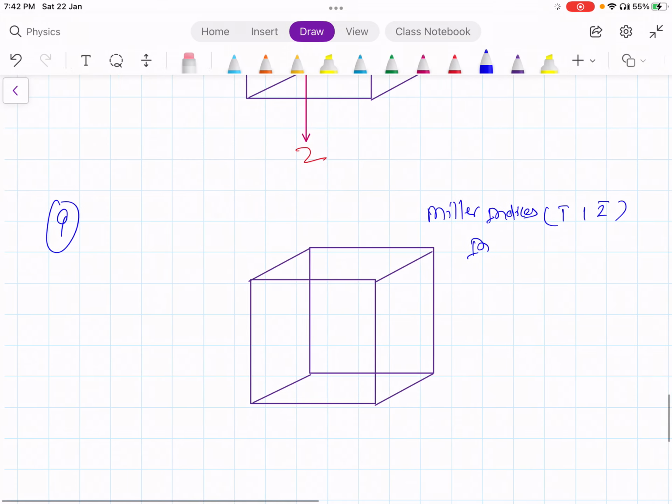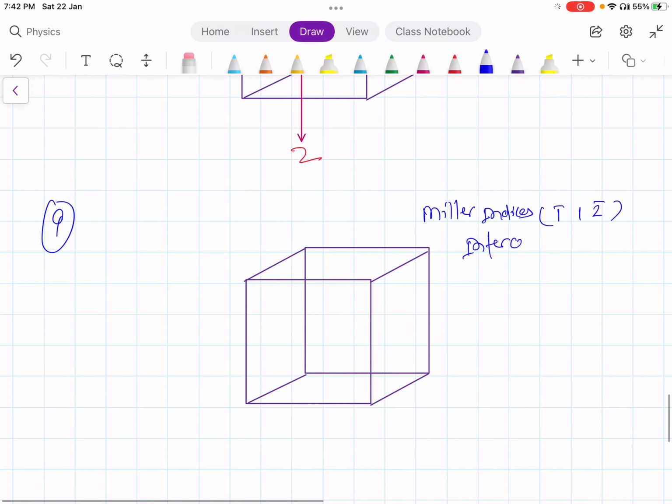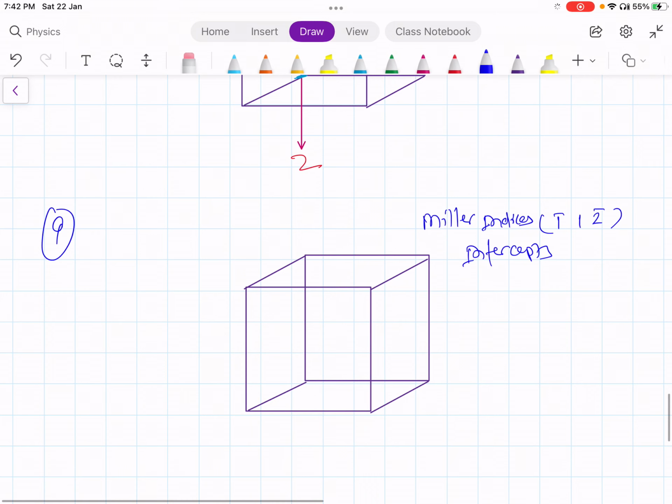And intercepts are -1, 1, and minus half. In this, I want negative x and negative z. Negative x, negative z, and positive y. So this should be the origin.